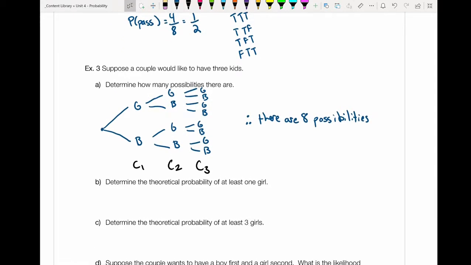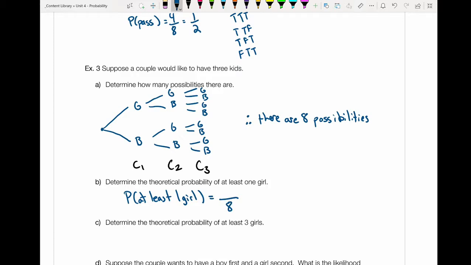B, determine the theoretical probability of at least 1 girl. If you count all of them, we know the total has to be 8.